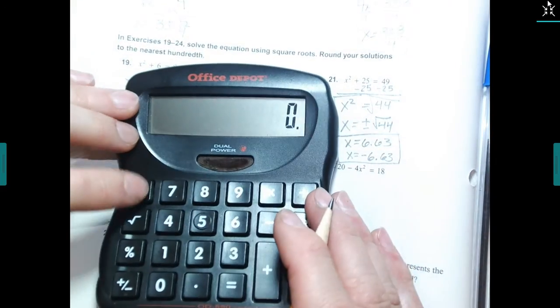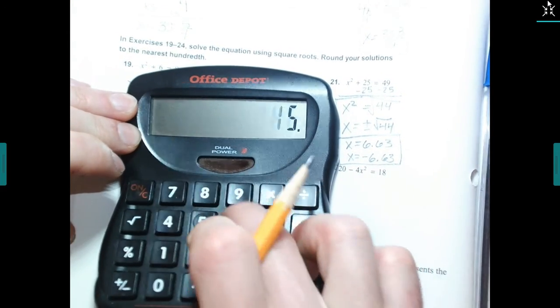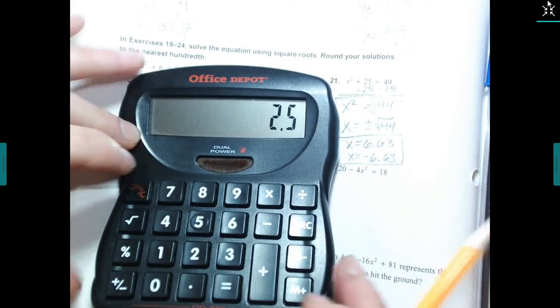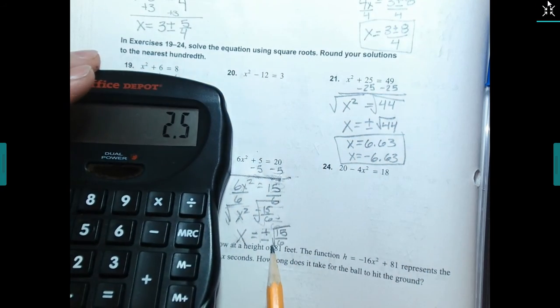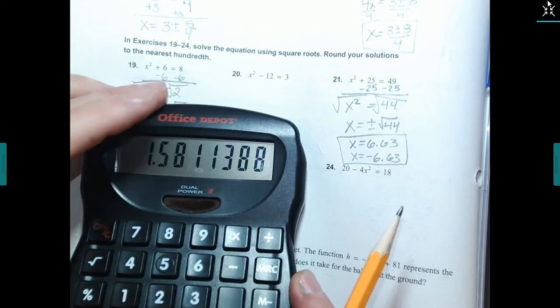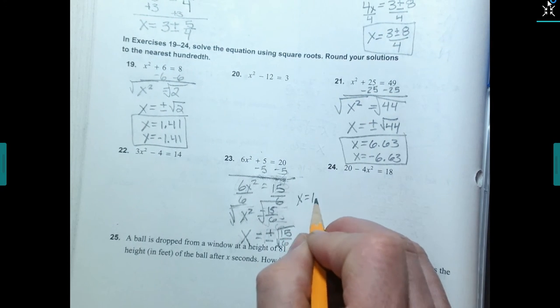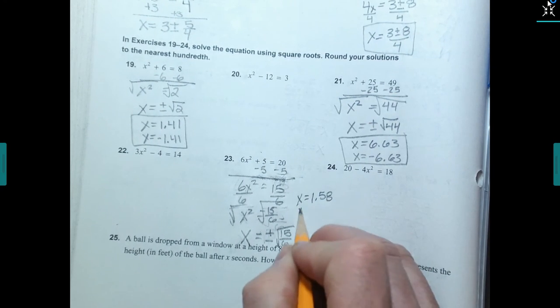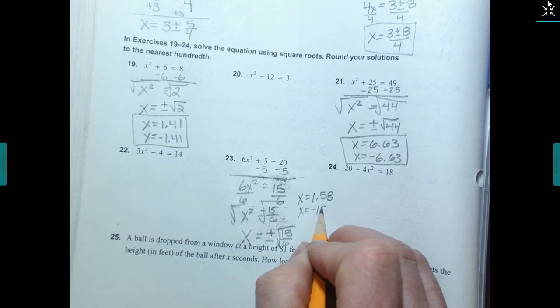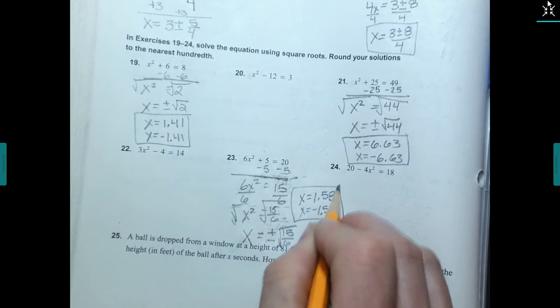So then over here I do 15 divided by 6, get 2.5, but don't forget, we're finding the square root of it. So the square root is 1.58. X equals 1.58, and x equals negative 1.58.